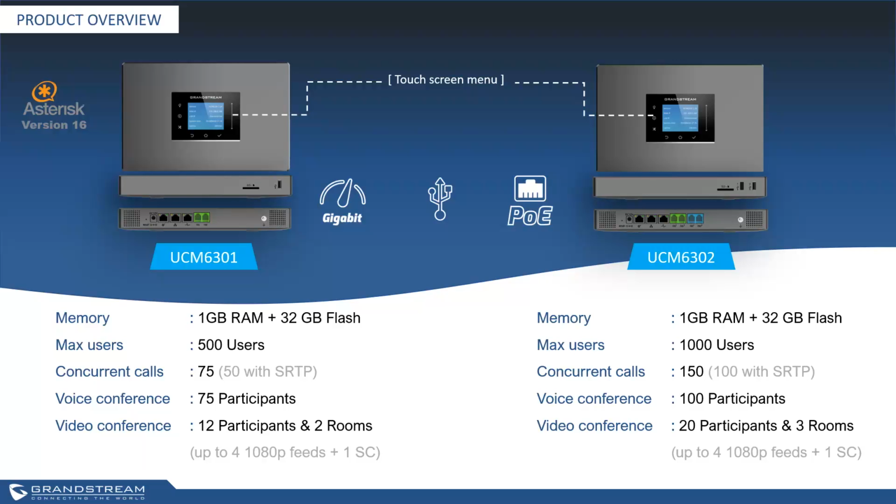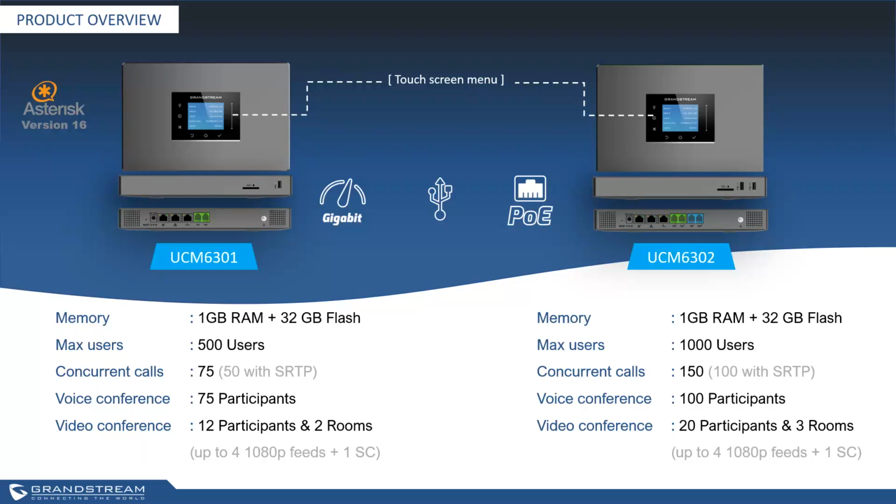For voice conferencing, you can have up to 75 participants on the 6301, and on the 6302, you can have up to 100 participants. Another reason why the number of concurrent calls and the number of users has increased is that we increased the size of the flash memory, which is now more than twice the size.